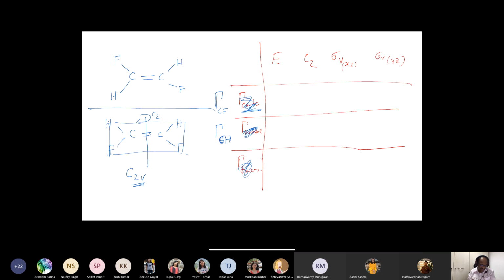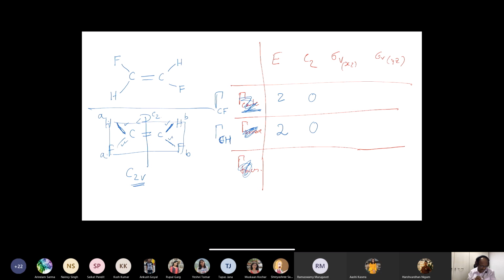When I do an identity, the two CH bonds or two CF bonds remain where they are. Then I do a C2, HA goes to HB and HB becomes HA, so both the hydrogens and fluorines exchange their positions. We're talking about the bonds, the one tick and the double tick.